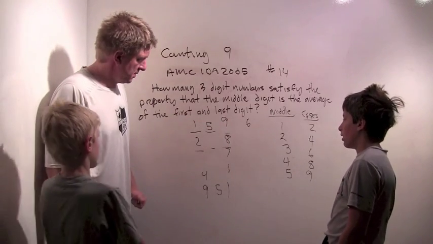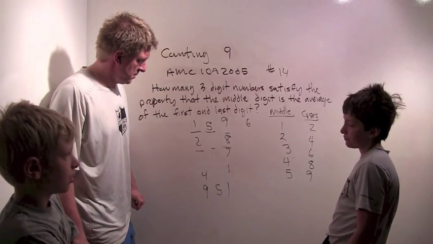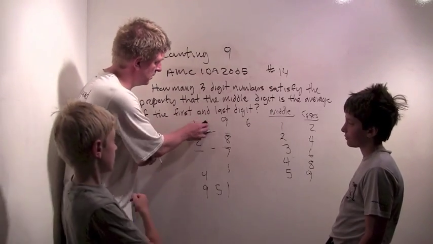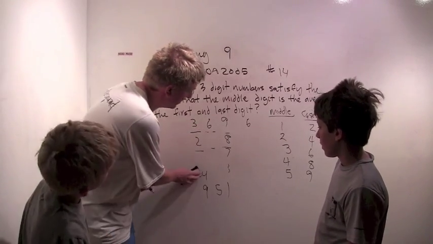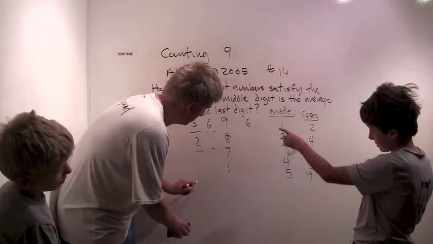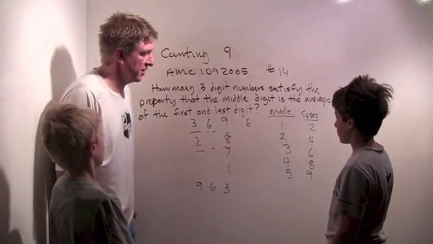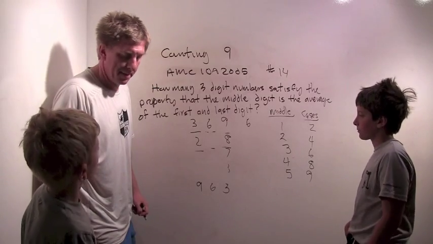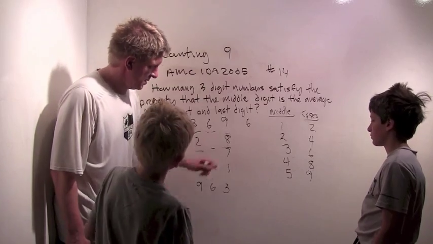Well, it's going to be 3, 6, 9. And what's the last case? Well, it'll be 9, 6, 3. So I go from 9 down to 3. So how many numbers is that? That's 7 numbers.